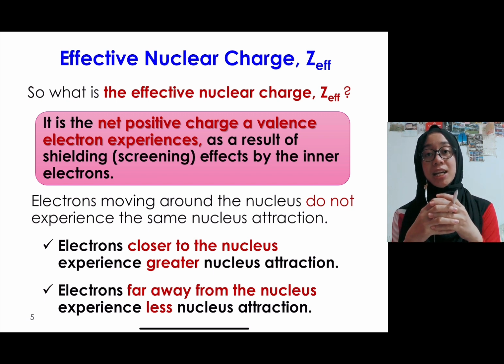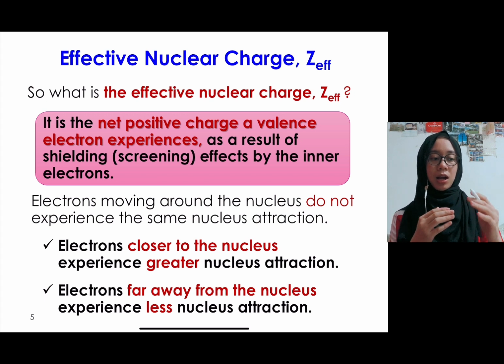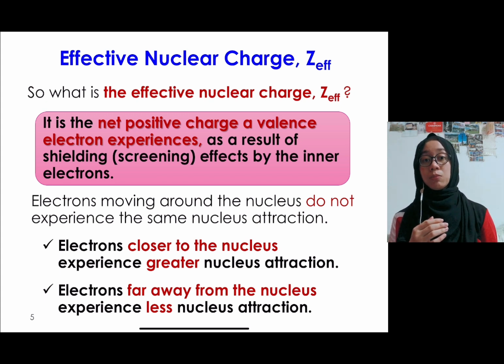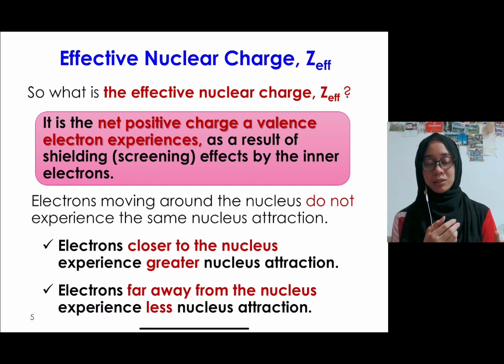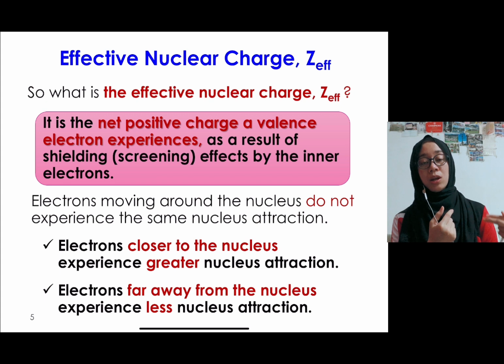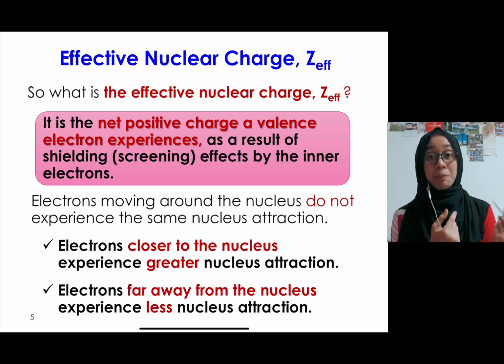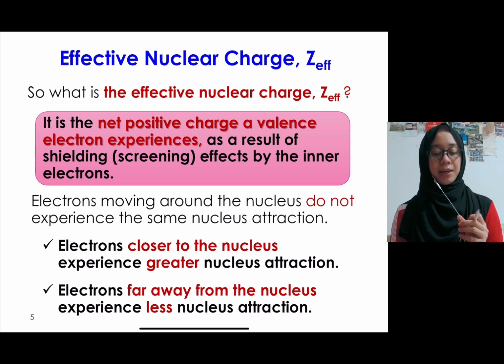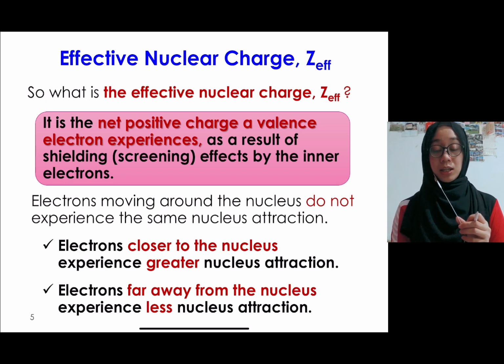Proton dia punya charge kan adalah positif. Tapi kalau yang kita punya elektron pula adalah negative charge particles. Therefore, they have attraction forces dekat situ antara nucleus dengan kita punya elektron. But then bear in mind, setiap elektron tu lain pula net positive charge yang dia rasa. Depends dengan position dia. Okay, jadi how exactly kita nak kira ZEF ni?